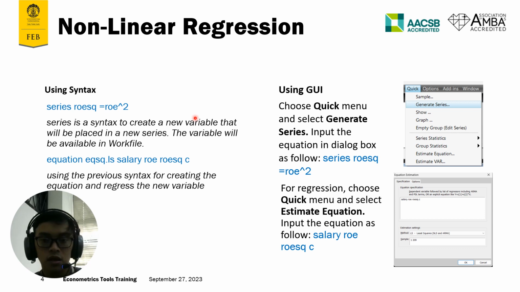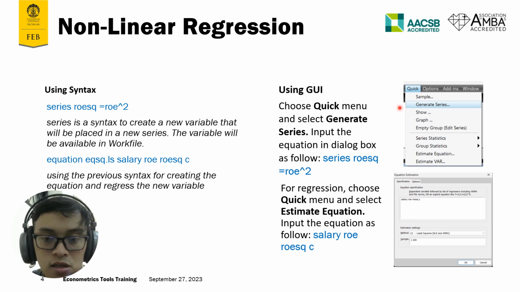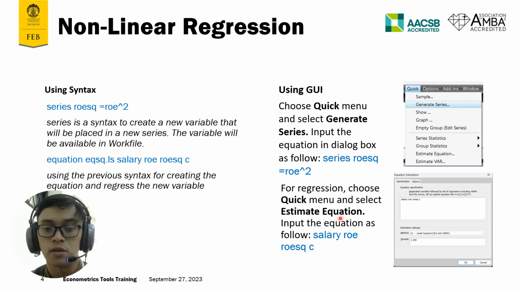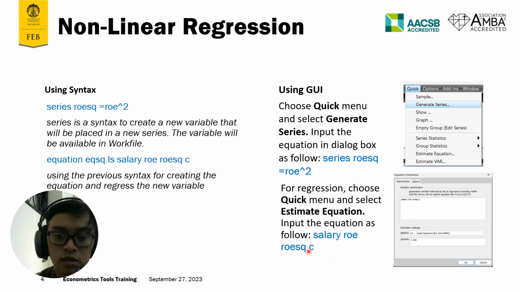So for example, we can click Quick and then choose Generate Series, and then we can enter the equation that we want and click Enter. After that we can make a regression using the Estimate Equation menu in Quick also, and we put in the variables, which now include a new variable, namely ROASQ, which consists of the square of ROA itself.